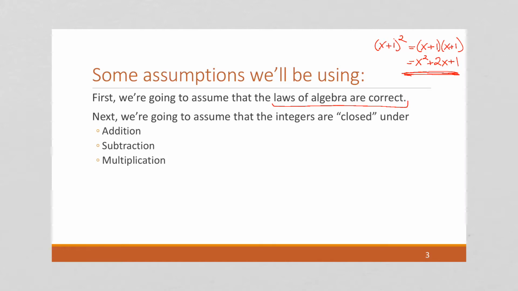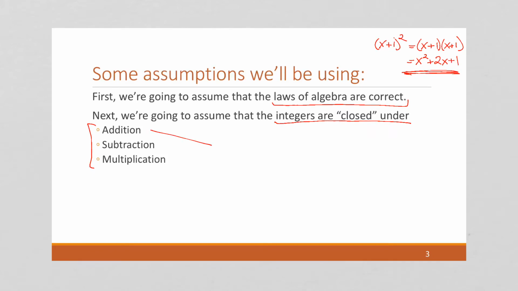The other big assumption we're going to be making is that integers are closed under addition, multiplication, and subtraction. What does that mean? Well, for example, for addition, if I have two integers and I add them, my answer is going to be an integer.